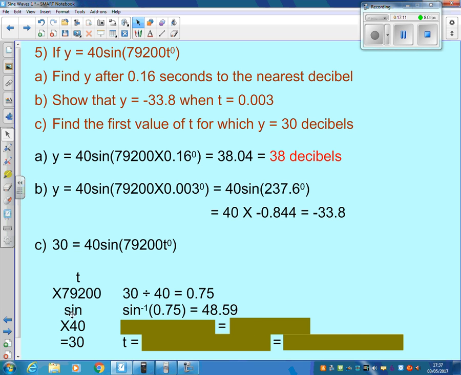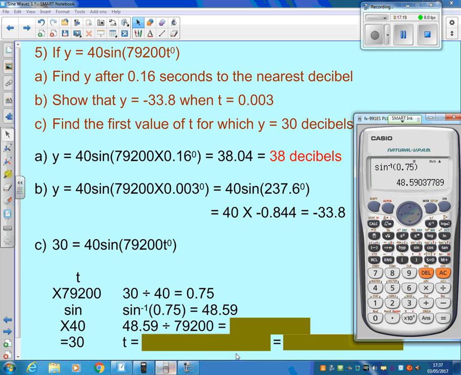And then we're going backwards, so our next one is divide by 79,200. So we take this number here and divide it by 79,200. Now this time I'm going to divide all of that by it. I'm not just going to type it in again. So I put divide 79,200 equals 6.135-ish times 10 to the minus 4.